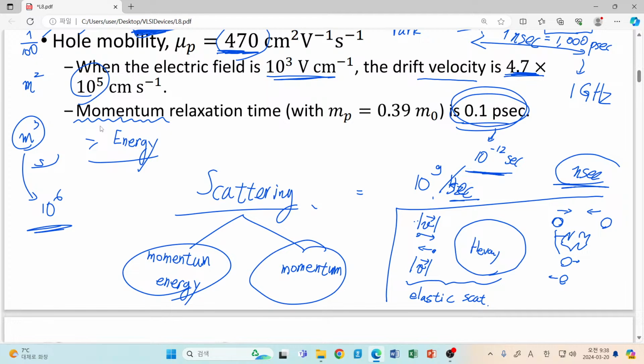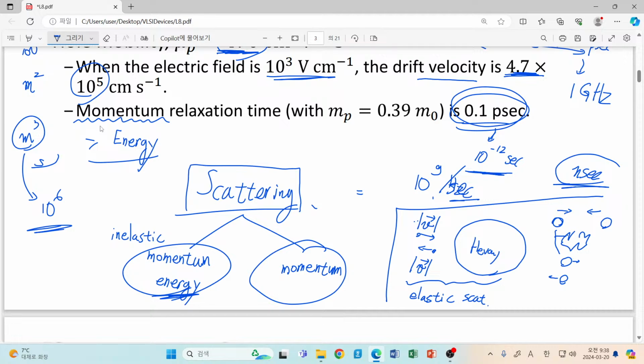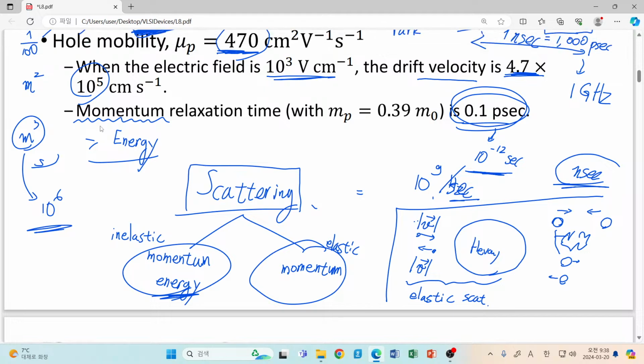So once again, let's come back to the discussion about scattering mechanisms. Here we can see elastic scattering, which is involved with just conservation of energy, and inelastic scattering, which is involved with energy relaxation. Although there exists only one physical event called scattering, that event can be categorized into two parts.